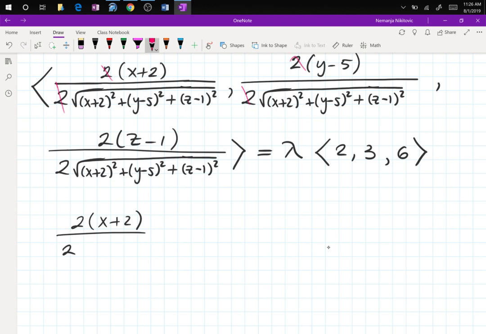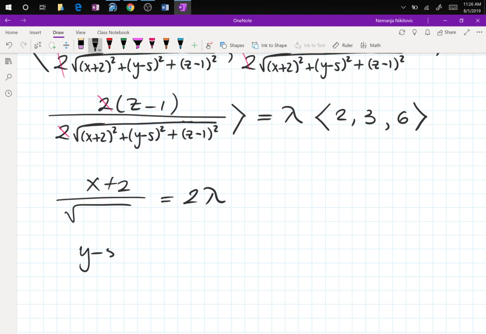So it's just x plus 2 divided by the square root, I'm just going to call it a square root, we don't have to write the whole thing, is equal to 2 lambda.